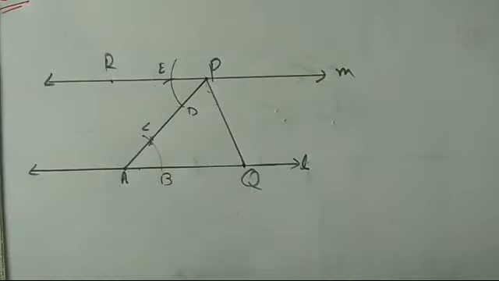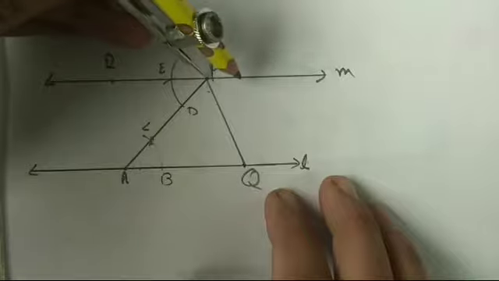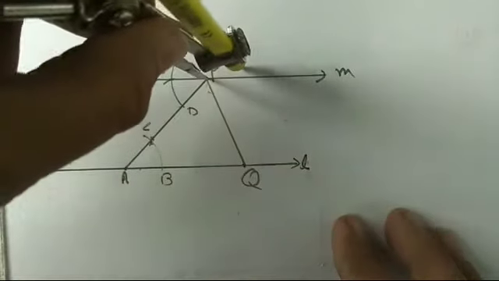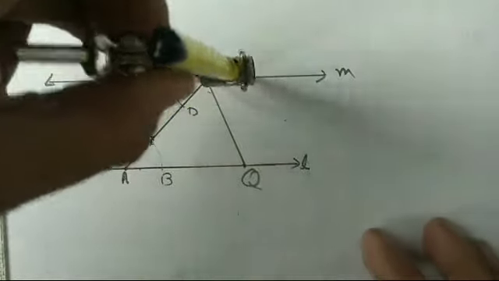So what we are going to do, we are just using the property of corresponding angles. We'll cut an arc of any radius, taking P as a center.